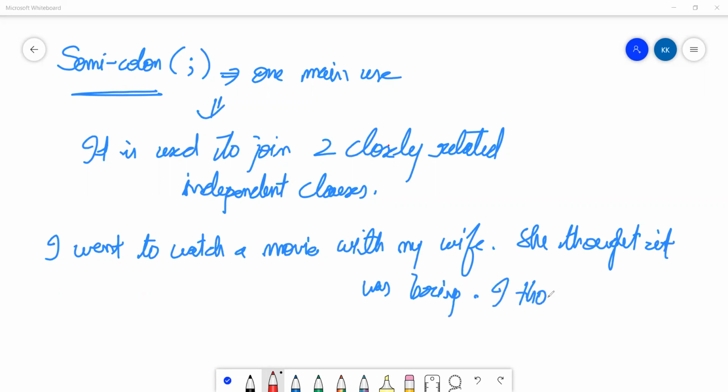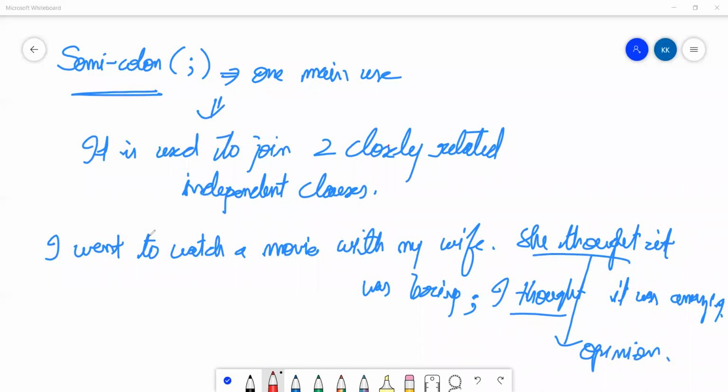I thought it was amazing. Now, she thought it was boring; I thought it was amazing. You can use a semicolon here. Why? Because both these clauses are talking about opinion.